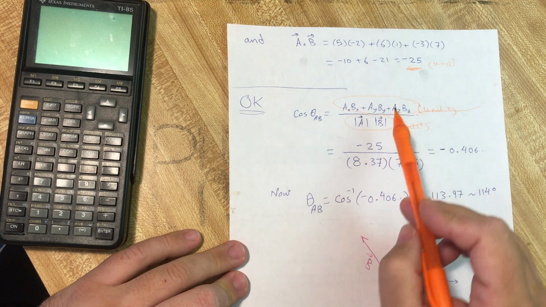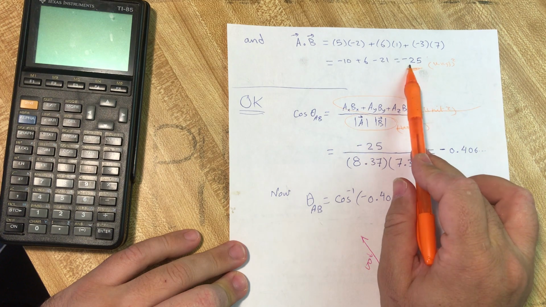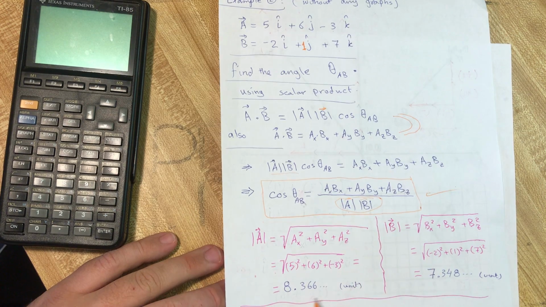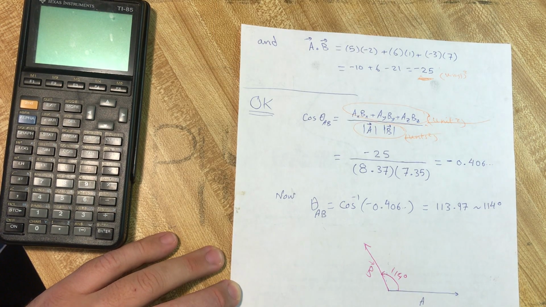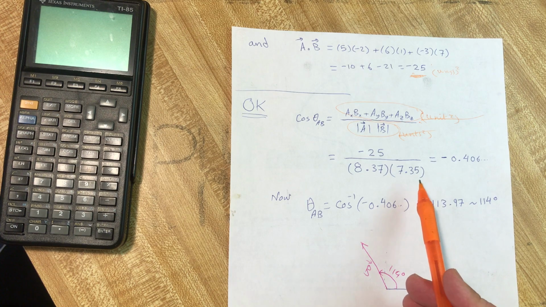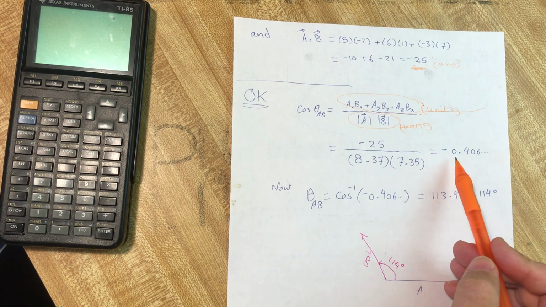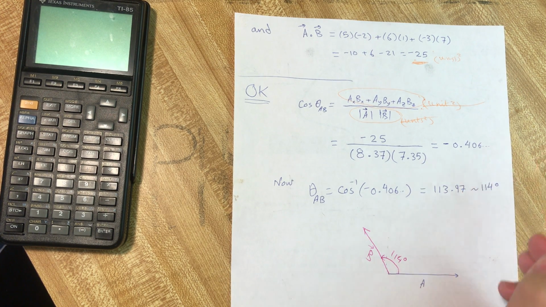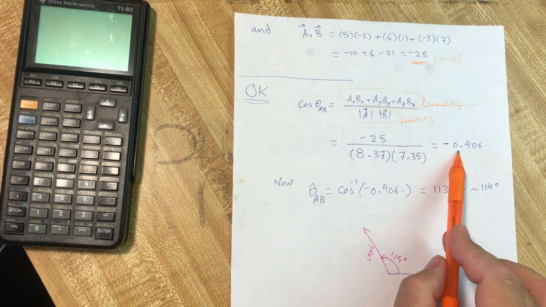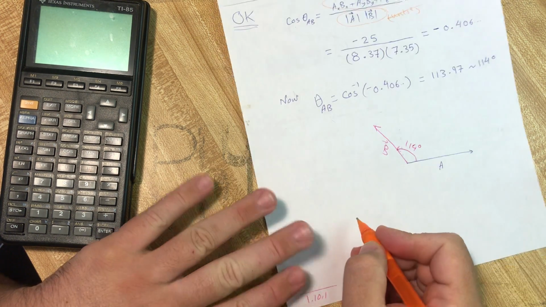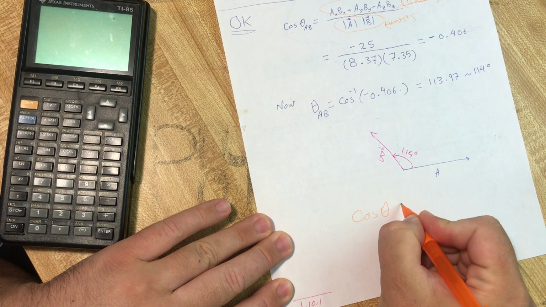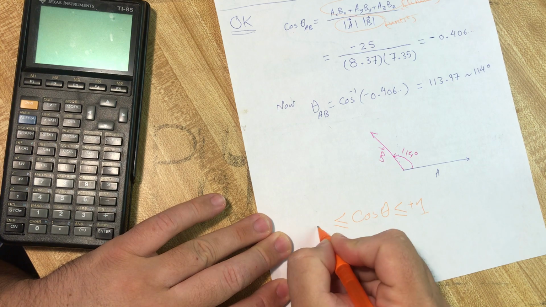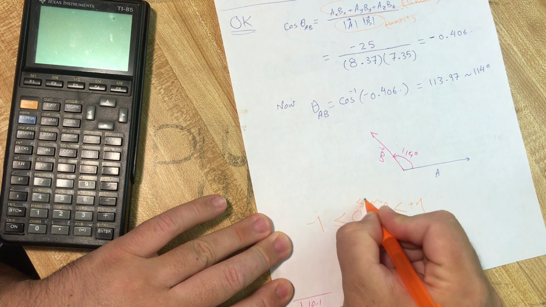Now the scalar product using the components is negative 25, and the lengths for A and B we found them, 8 point and 7 point. The answer will be negative 0.406 and so on. Okay, cosine theta is always less than positive 1 and bigger than negative 1, also sine.